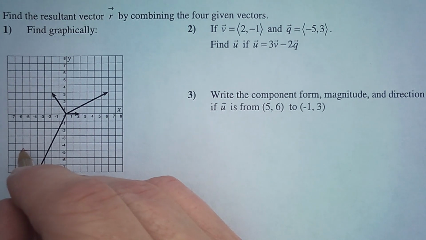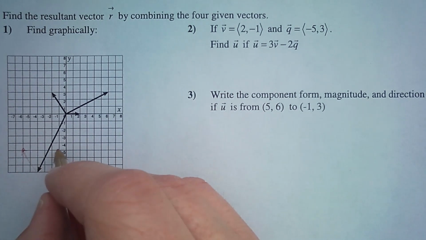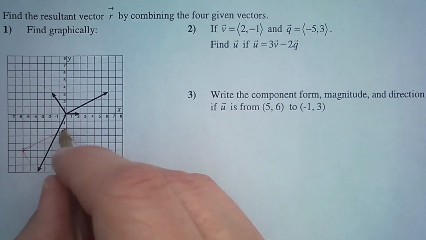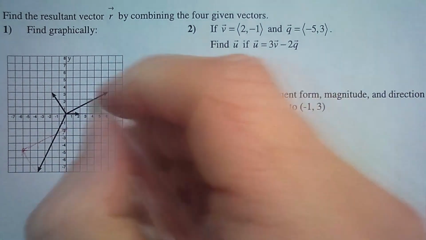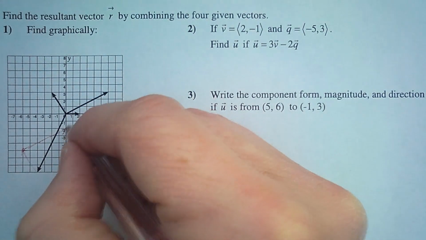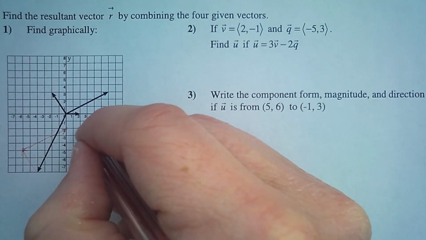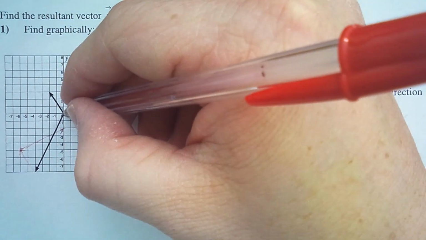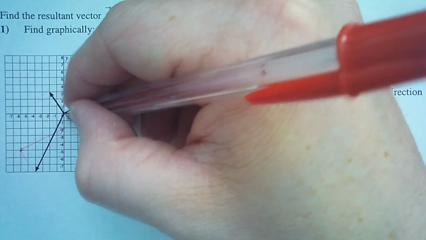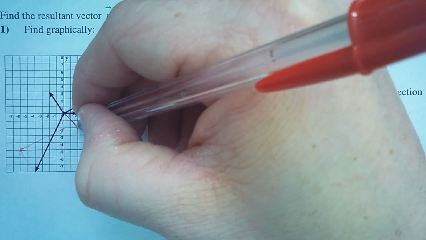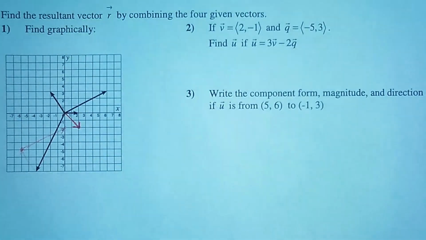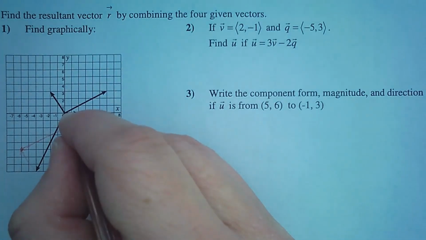So from here we'll go right 6 and up 3. So that puts us right there. And then this last vector, we're going to slide down to here. It goes right 2. And that is our final point. So we'll start at the initial tail. We will end right there at that final point. So this right here is vector R.